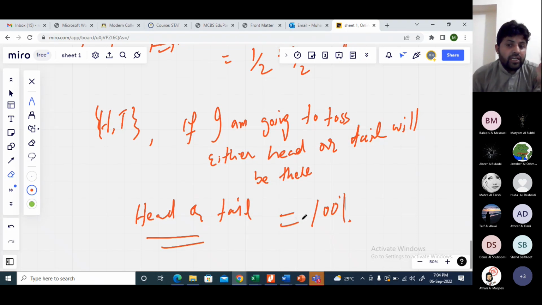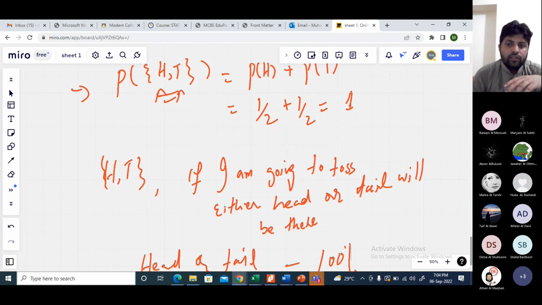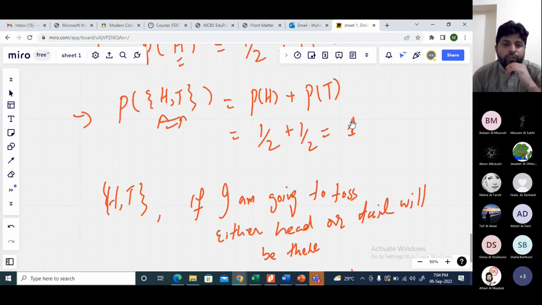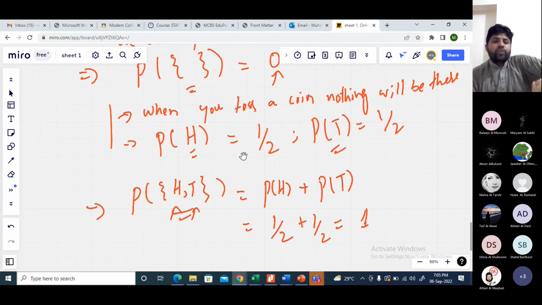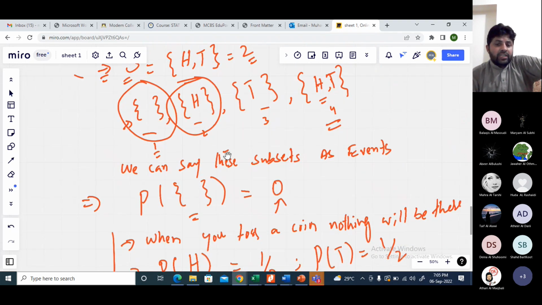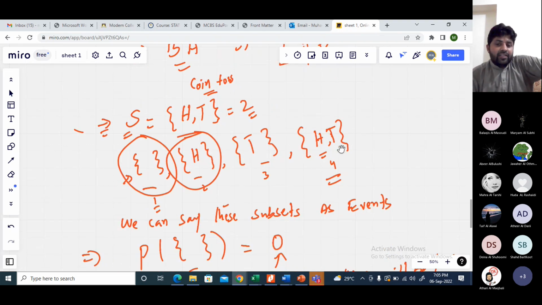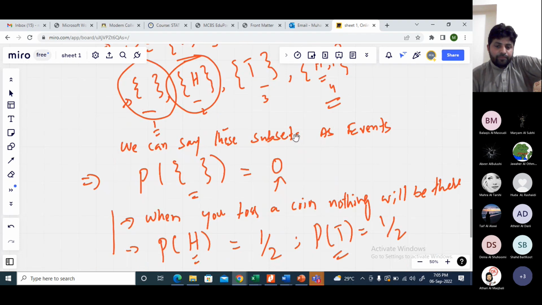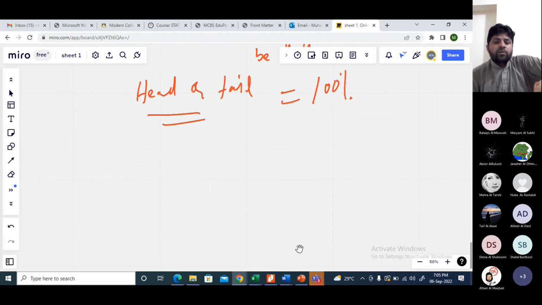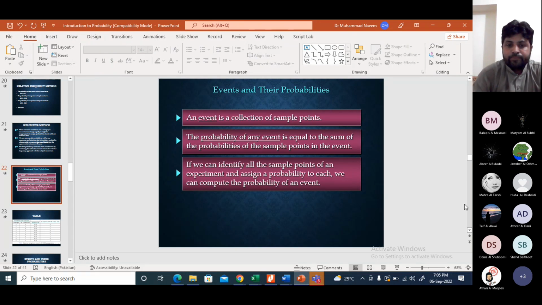You can see here the last event, we have calculated the probability 1. So the probability of either head or tail is 100%. This is basically how we generate events and how we calculate the probability related to these events. Now we will see in more detail in the following slides.